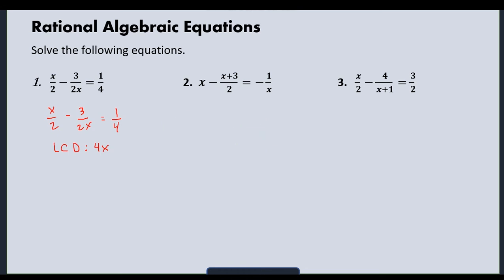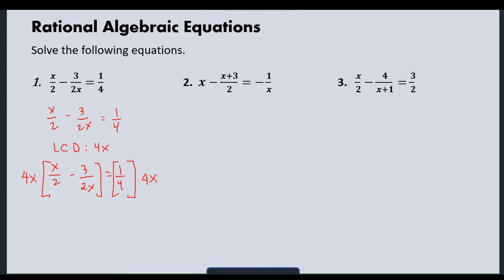After solving for the LCD, we can now multiply both sides of the equation by the LCD. So I'm going to write it here, x over 2 minus 3 over 2x equals 1/4. Then multiplying both sides, let's put a bracket here, by 4x, since that is our LCD. Remember, if you have a whole number, always multiply it with the numerator.